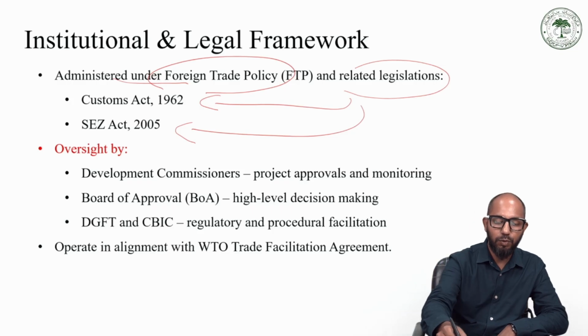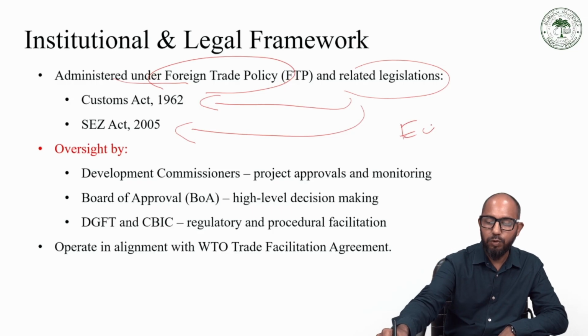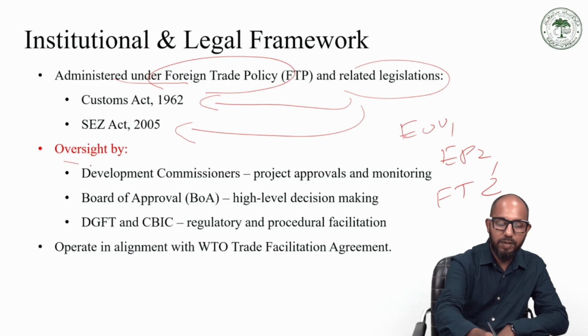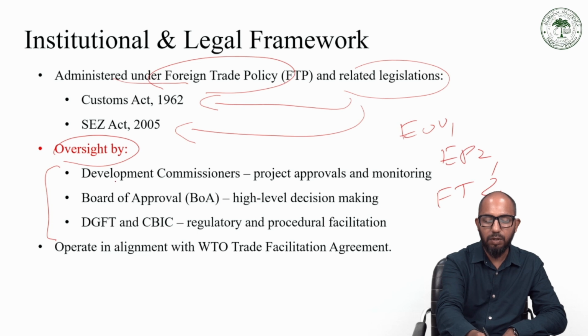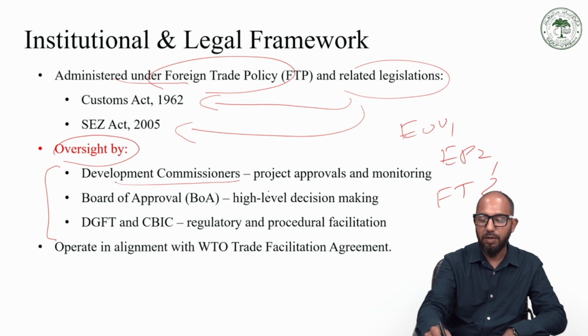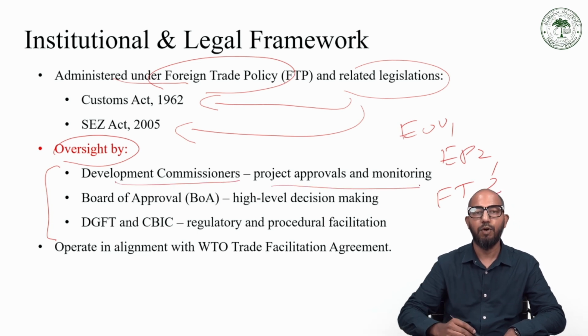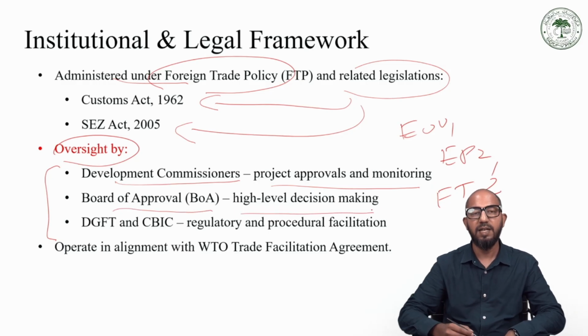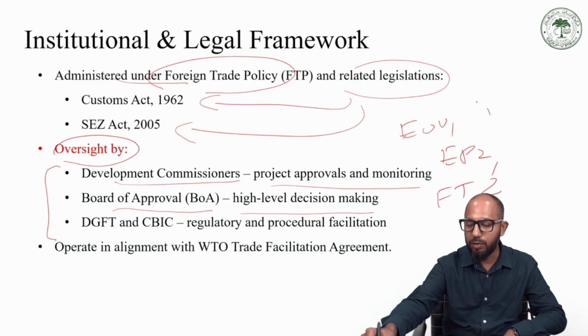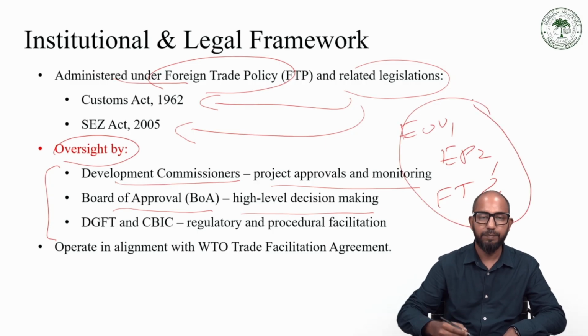These units, that is EOU, EPZ, and FTZ, are overseen or monitored by certain organizations and institutions. These include the development commissioners, where project approvals and monitoring happen. The Board of Approval is responsible for high-level decision making related to these units and zones.